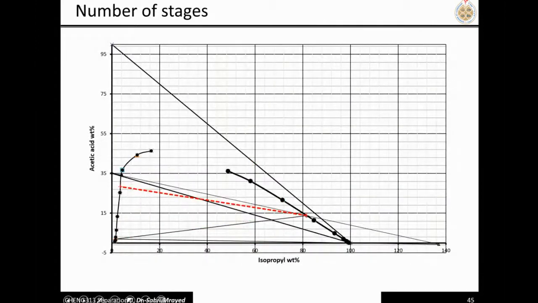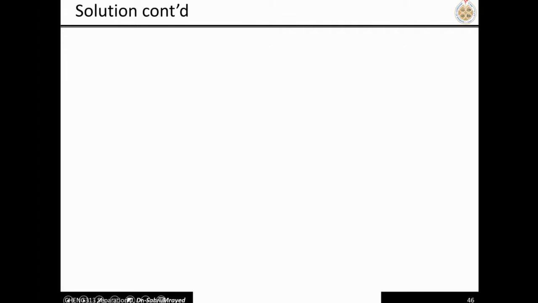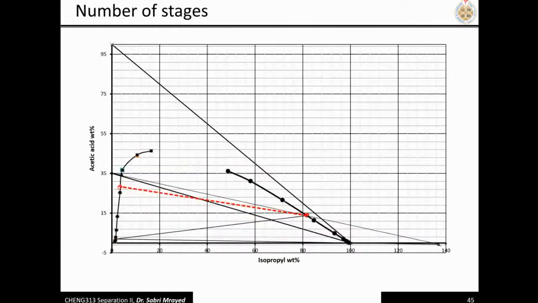Now you have almost everything. All you're going to do is start by drawing a tie line between this point and this point. And you continue, and then you connect this one to this point. You get another one. You draw a tie line, and you connect it to this one, and so on.